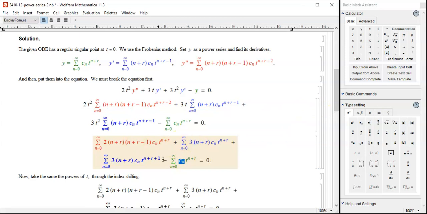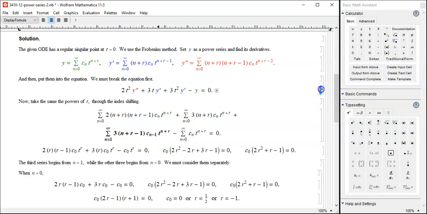These three series are okay. This one, bold, that one needs some work, and once you do some work here, you're going to get this through index shifting. And then you're going to plug in n equals 0, and then n greater than or equal to 1 separately. For n equal to 0, this one doesn't contribute, and we have only these three series.